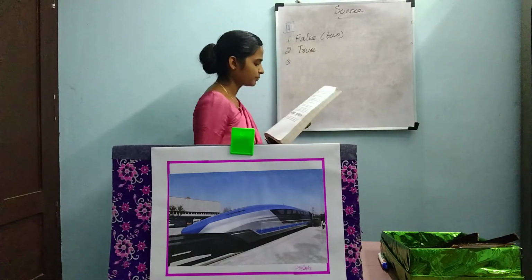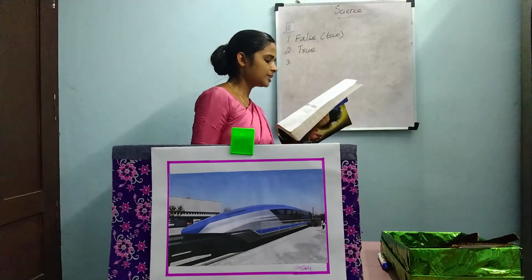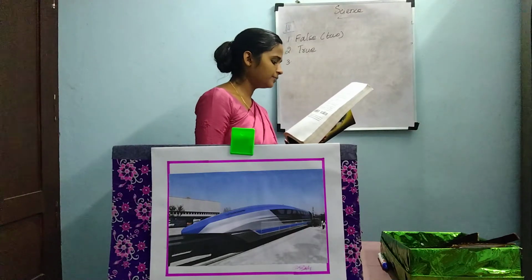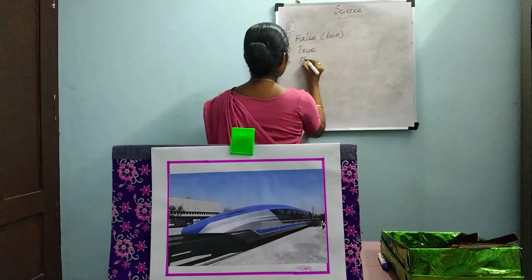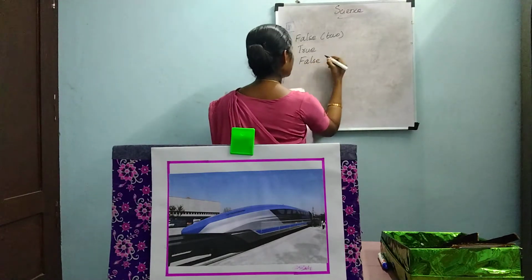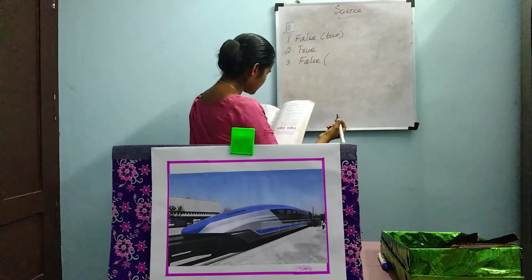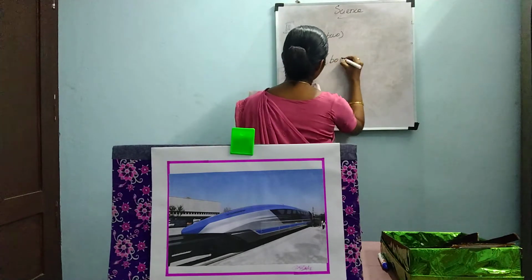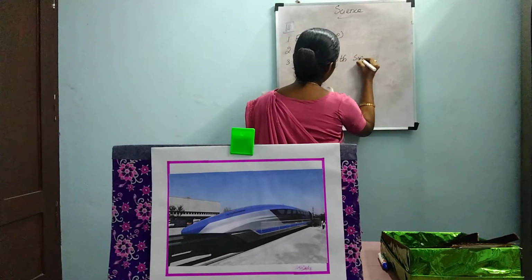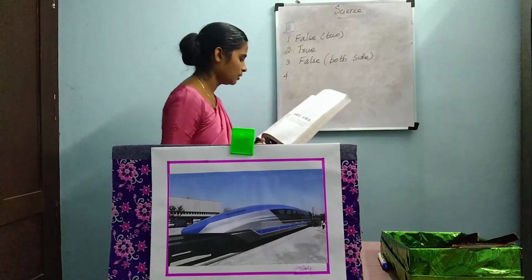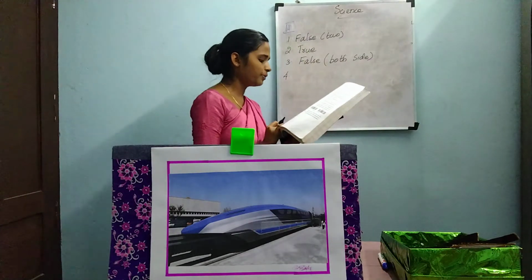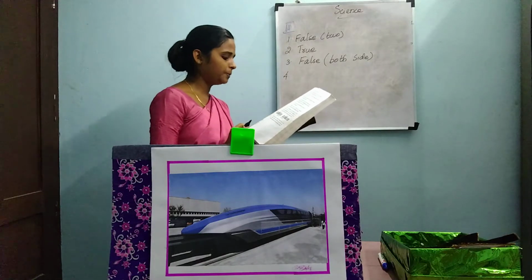Question number 3. Maximum iron filings stick in the middle of the bar magnet when it is brought near them. Answer, false. Cut the middle and write both sides. A compass can be used to find east-west direction at any place.